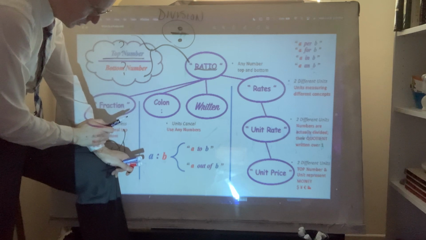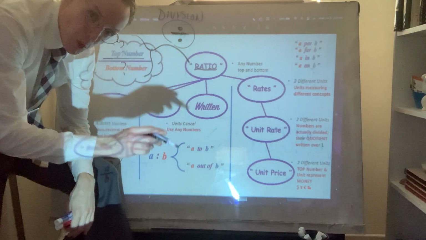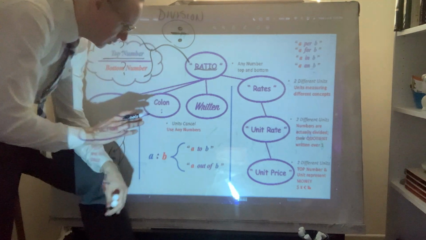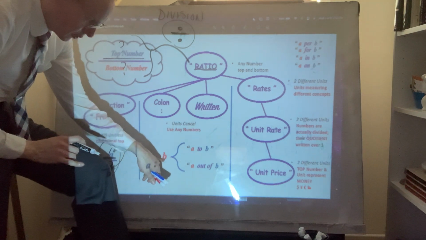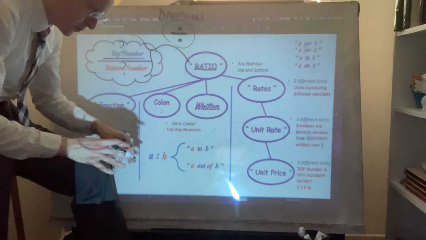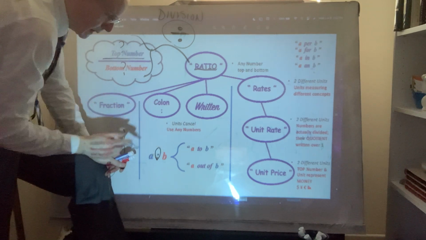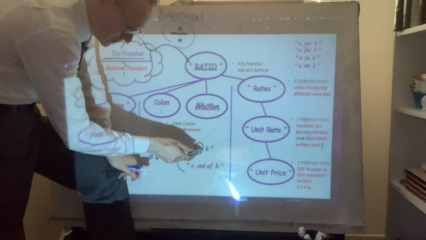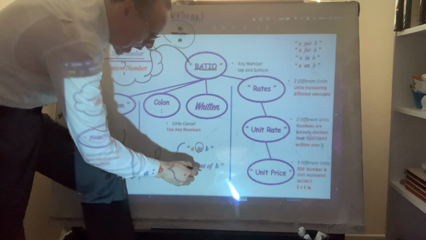The colon. If you see it written more verbally than mathematically, you might see a word and then a colon and then another word. Or if there are English words in place of that, there are two options. You could say A and then the English word to, or a little bit more verbose, you might say out of.